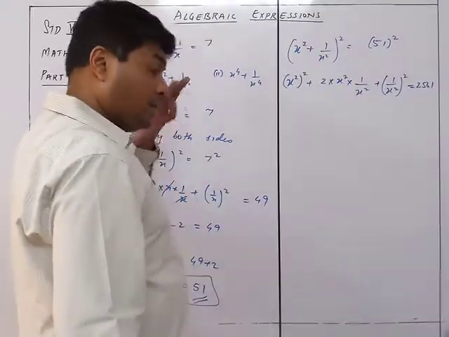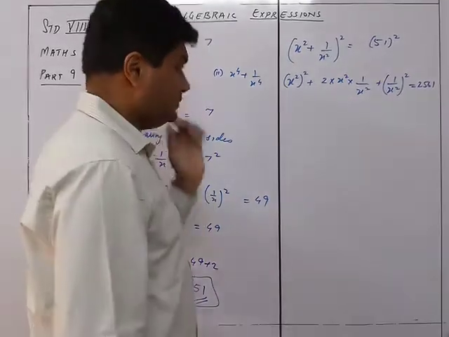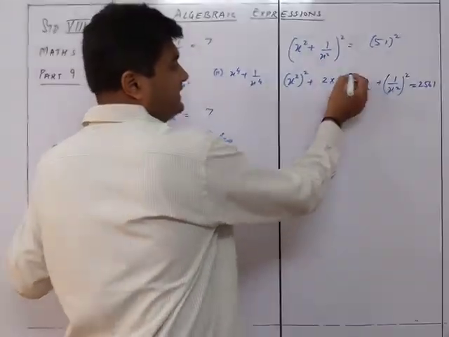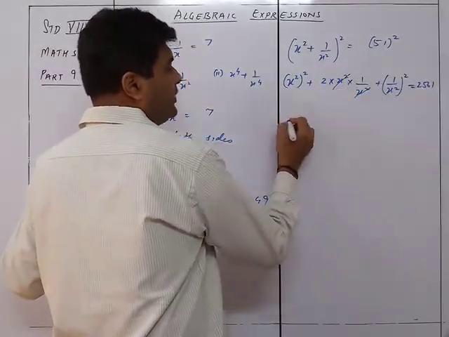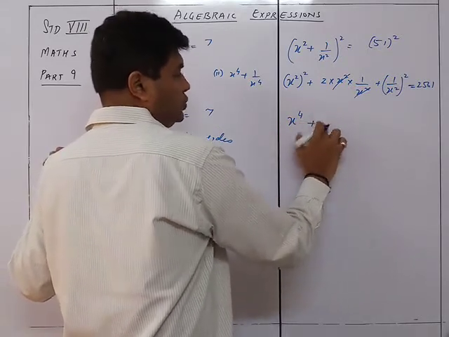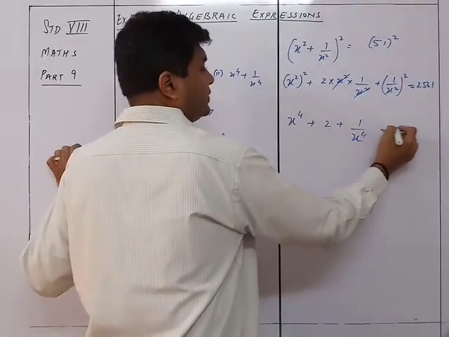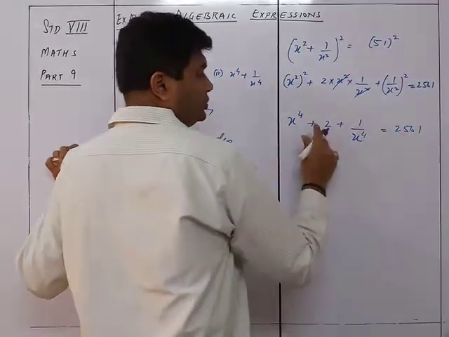Okay. Now you can see x square and x square get cancelled. So you get over here x raised to 4 plus 2 plus 1 upon x raised to 4 is equal to 2561. So 2 goes here.